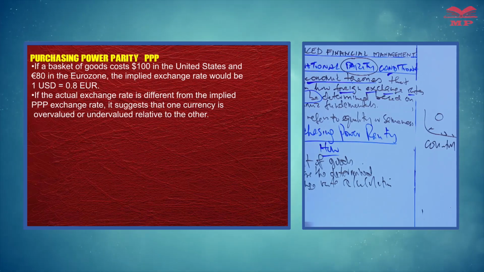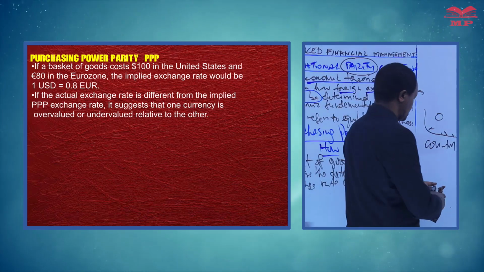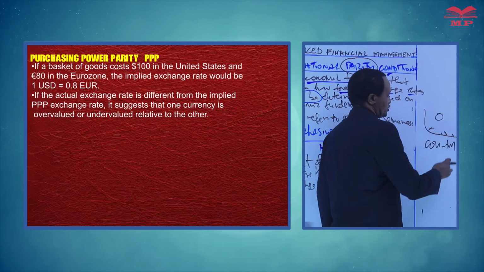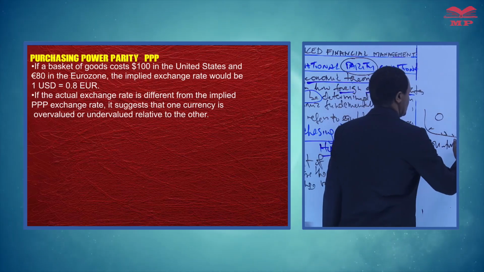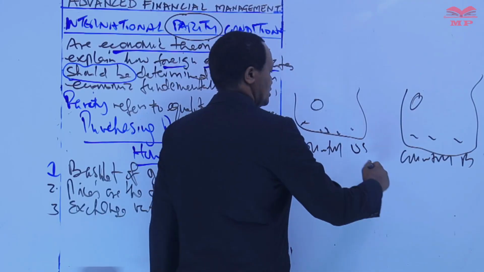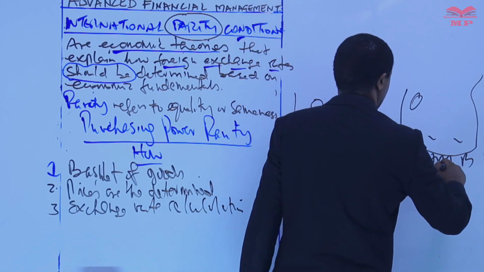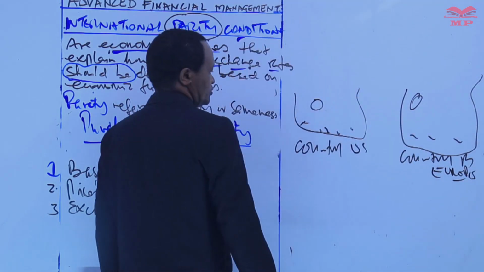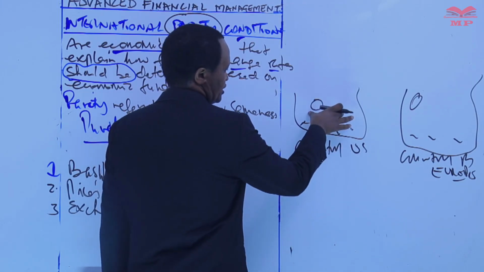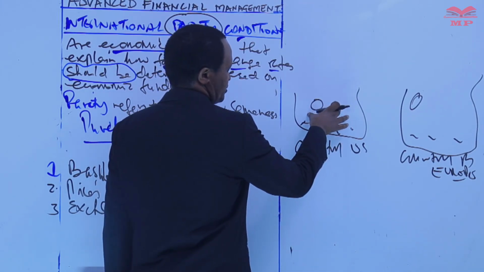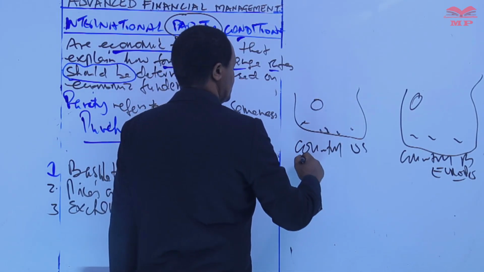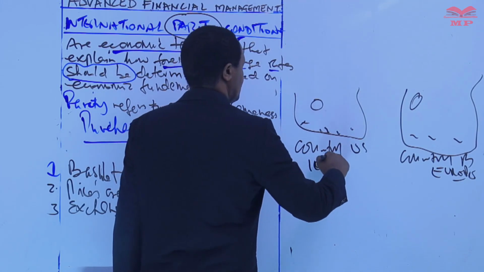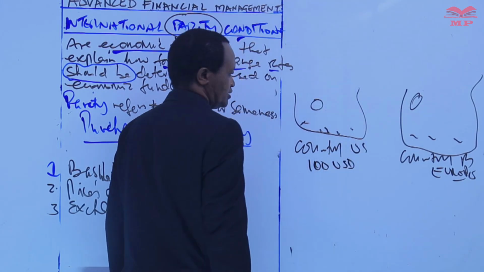So let's use that example. So this country is the US, and this is the Eurozone, Europe. So the price of the goods in this basket is 100 US dollars.